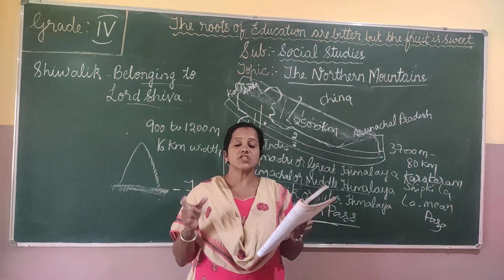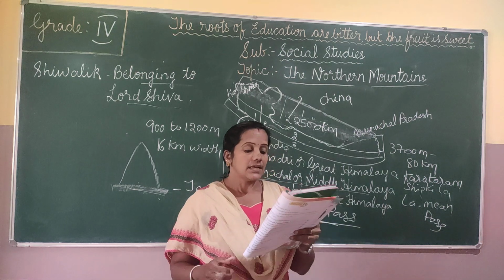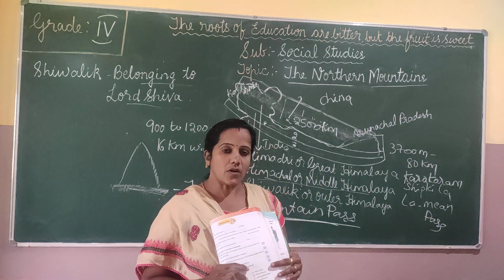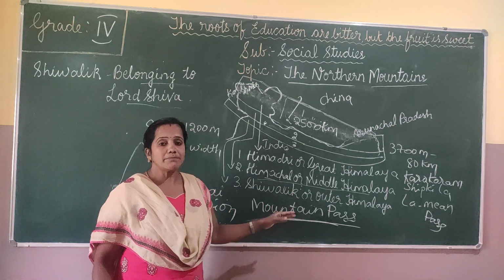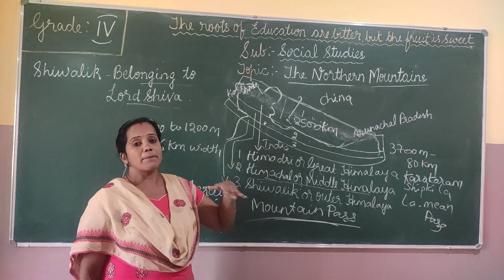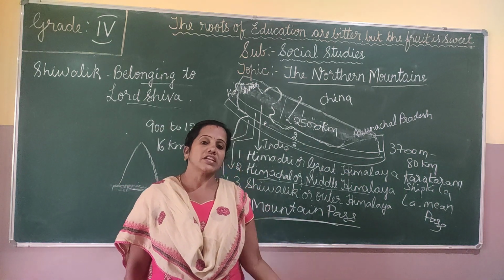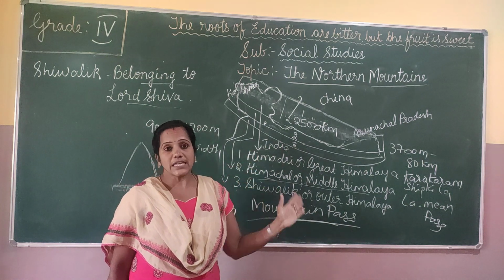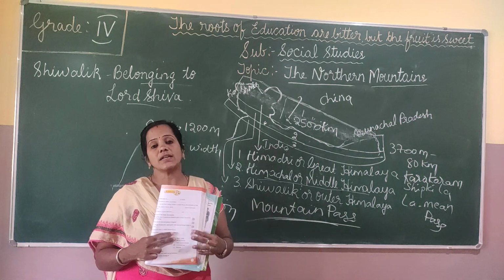Bondila in Arunachal Pradesh. So these are some of the important mountain passes in the Himalaya. The mountain pass is nothing but a narrow passage which allows us to move from one side of the mountain to the other. For centuries, these passes were trade routes for people.